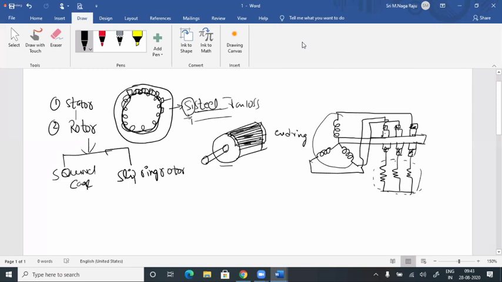This is rotor winding. Okay, this is rotor winding. This is called star connected external resistance. Okay, and we have discussed also why we will connect this external resistance to this rotor winding. What is the reason for connecting this resistance?